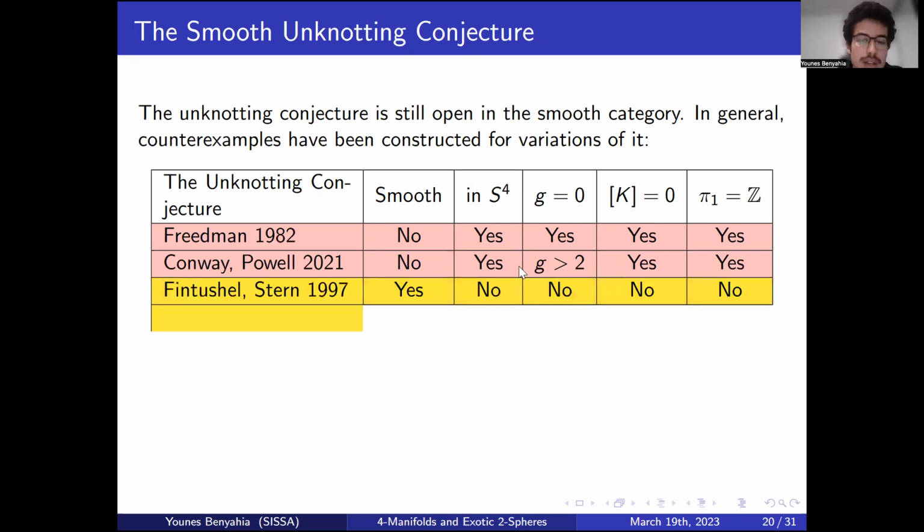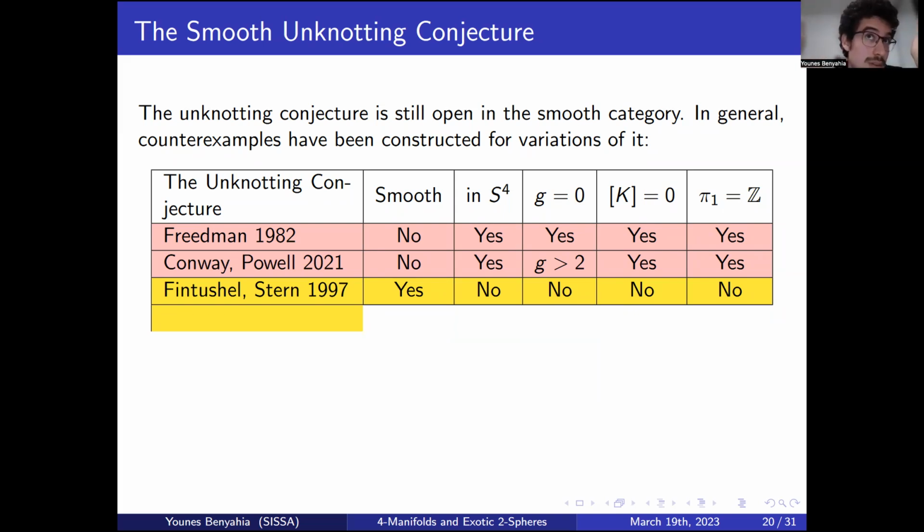And then in 1997, the first smooth counterexamples, I think, were by Fintushel and Stern. They don't take S^4; they take bigger manifolds, and they construct surfaces of higher genus that are not null homologous and do not have the same fundamental group. But they constructed surfaces that are exotic.